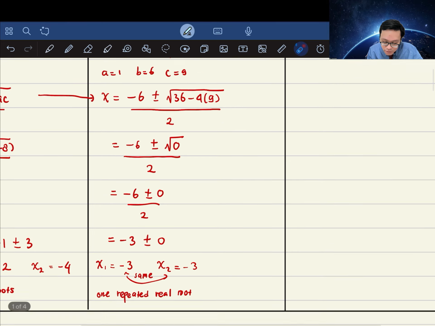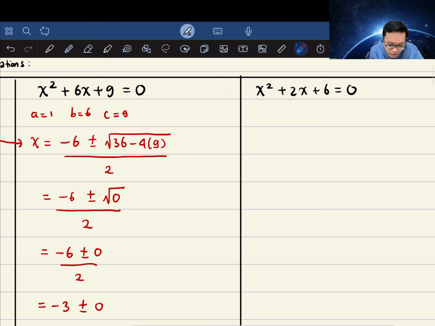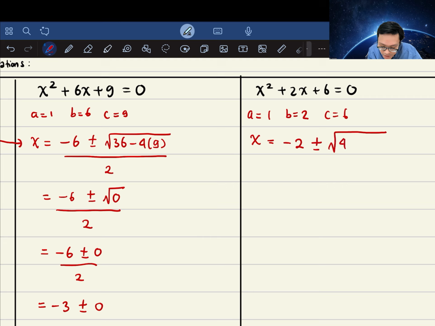Now, for the third one, if we apply the quadratic formula here, we have A is 1, B is 2, and C is 6. So plugging into the quadratic formula, we have minus 2 plus minus square root of 4 minus 4 times 6, divided by 2a, or 2.